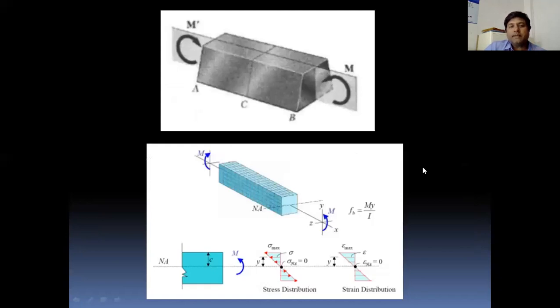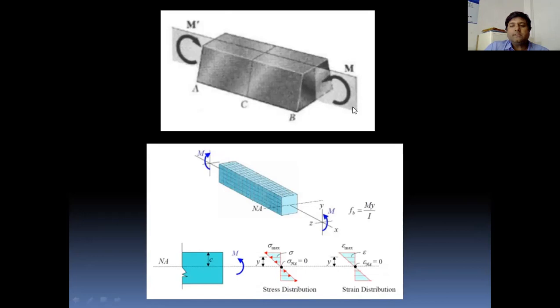In the case of symmetrical sections, we generally say that the plane of bending is coincident with the plane of symmetry of the beam, and that's why it is very easy to find the flexural or bending stresses using the conventional formulas of bending theory, such as sigma upon y equal to M upon I. You can see the distribution of stresses, either stress or strain, and the variation of stresses across the section of the beam.